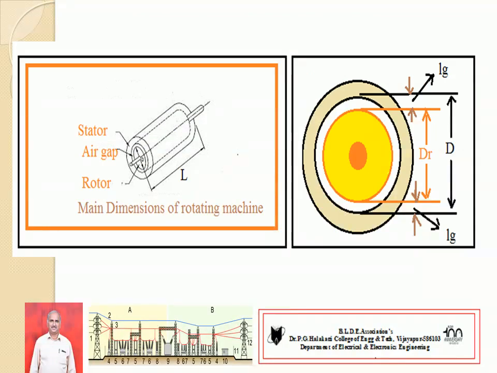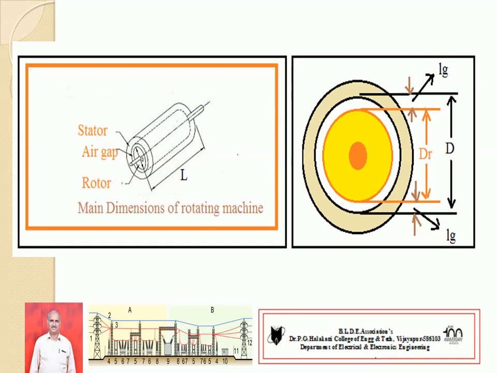Here you can observe in figure number 1 and figure number 2. In figure number 1, you can observe the stator, the outer part of the machine, and the inner rotating part is called the rotor, and the gap between stator and rotor is known as the air gap. The length of this air gap is referred to as the length of air gap, observed in figure number 2.